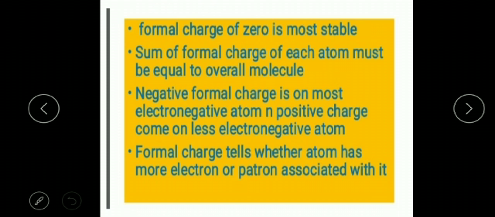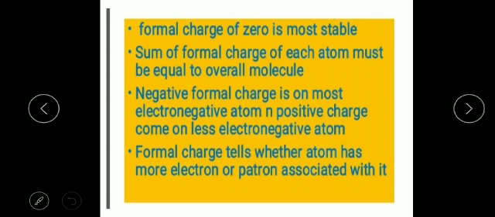For the formal charge, two conditions are as follows. The sum of the formal charges of each atom must be equal to the overall charge of the molecule. And the second is that a negative formal charge should be on the most electronegative atom, and a positive charge should come on a less electronegative, that is electropositive, atom.